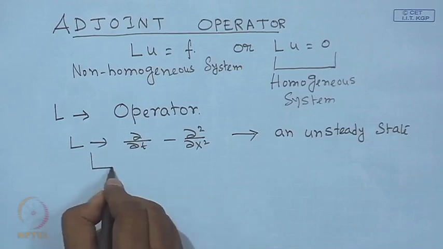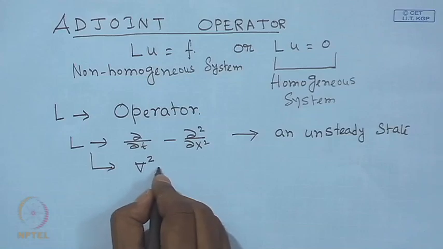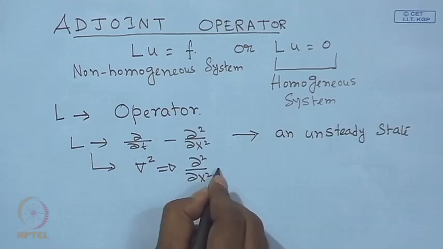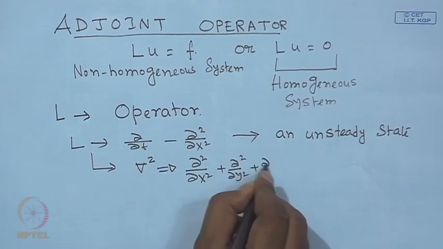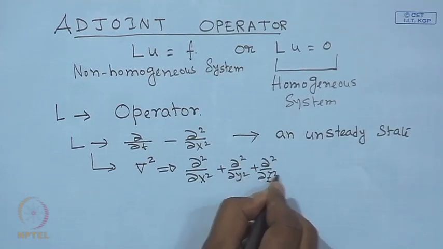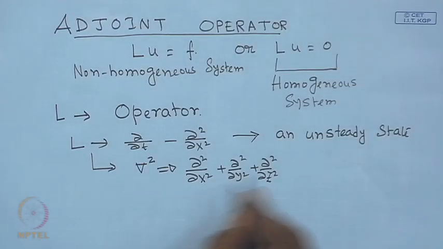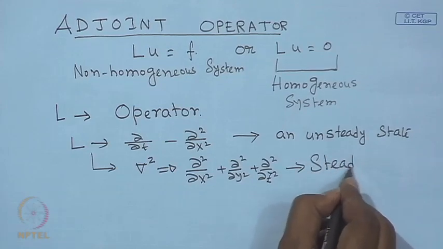L can be only a gradient operator, del square. So, it will be del square by del x square plus del square by del y square plus del square by del z square in a 3-dimensional process. So, this is typically an operator for a steady state system.